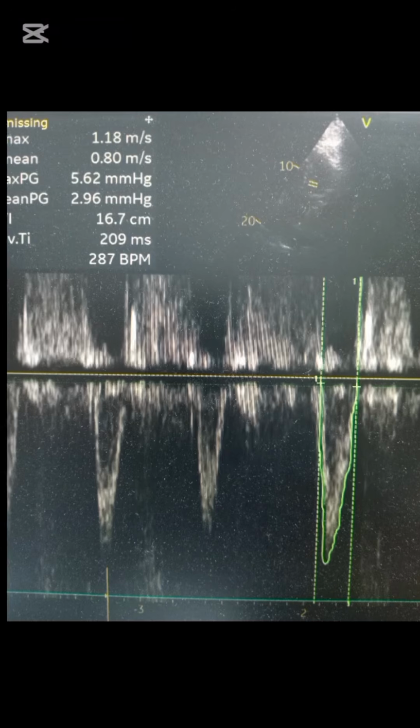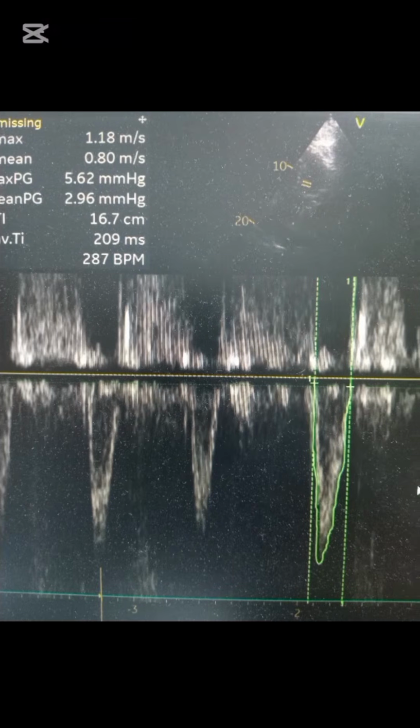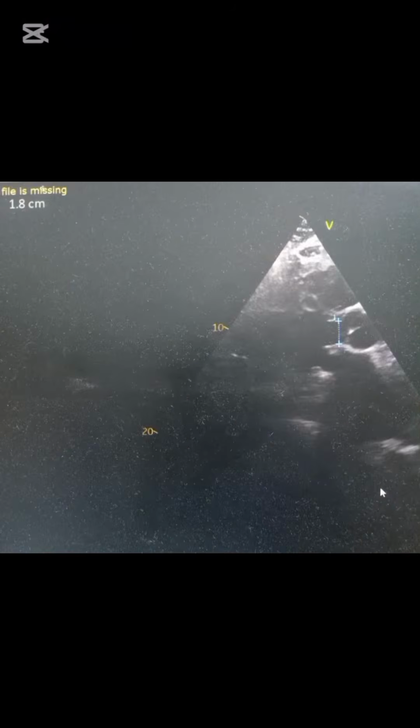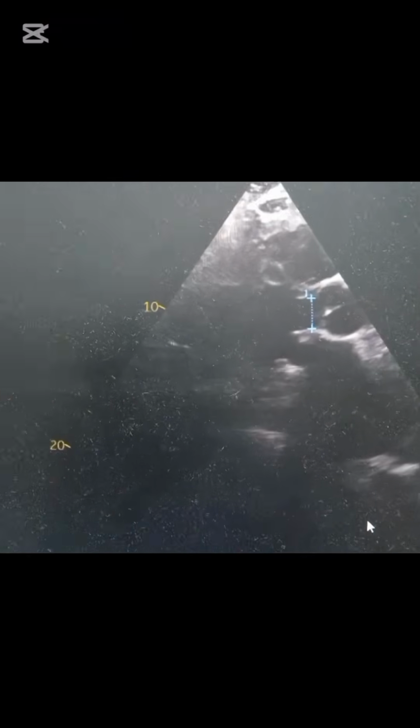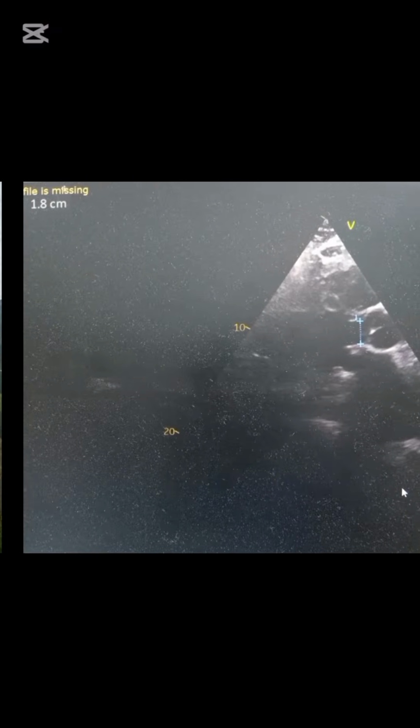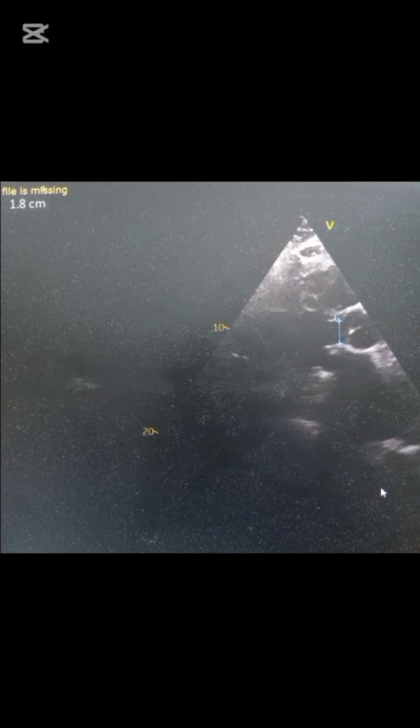We have the LVOT VTI, and we also take the prosthetic VTI. Now we only need one more thing, which is the LVOT diameter. Here the LVOT diameter is 1.8 centimeters.